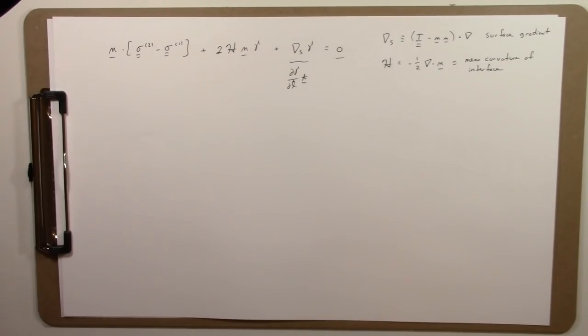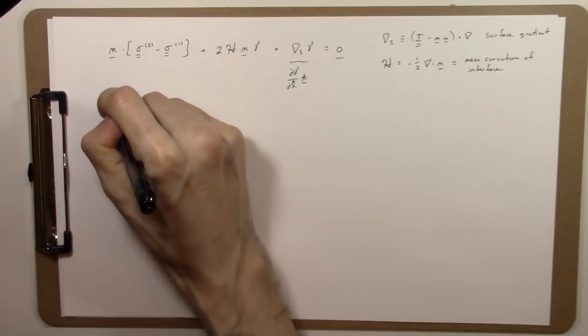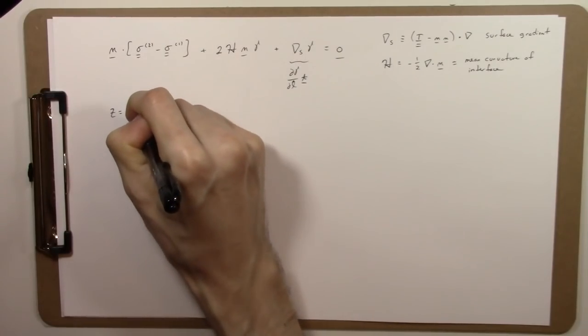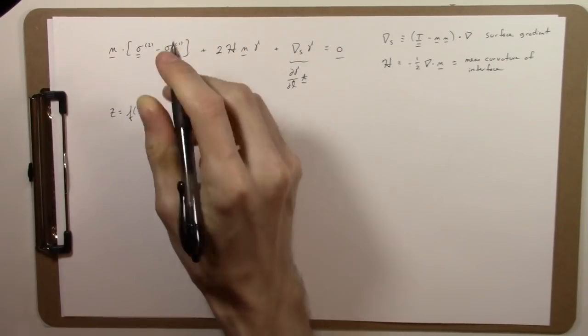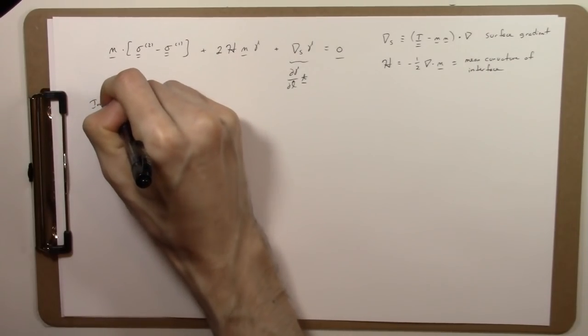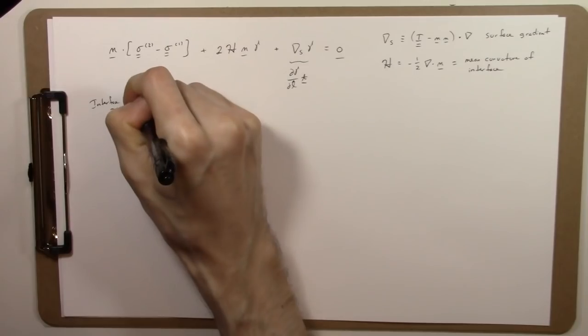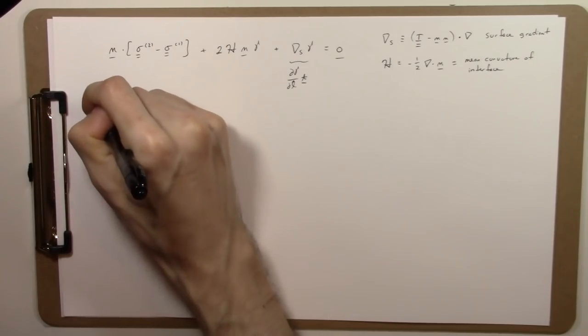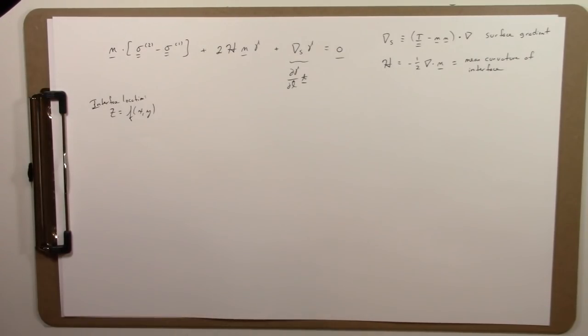Now, if the interface is defined as z is some function f of x comma y, so this gives us the interface location, and this is more for your knowledge than for actually using in the course.